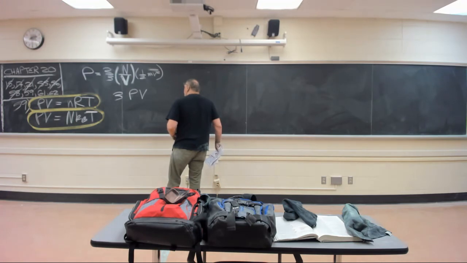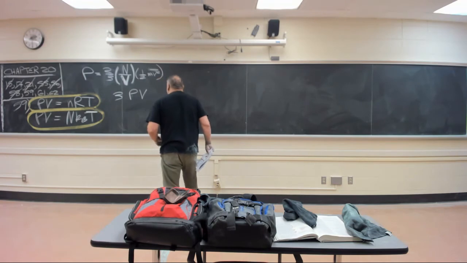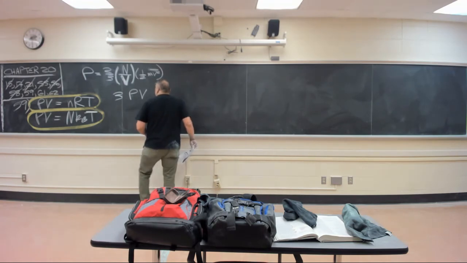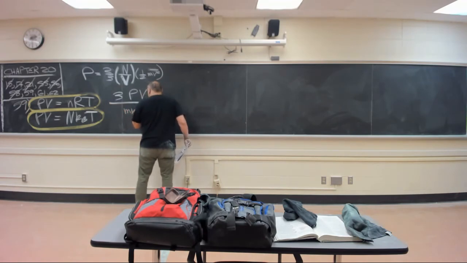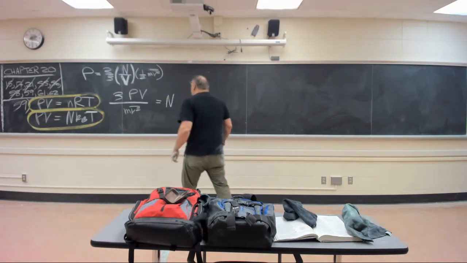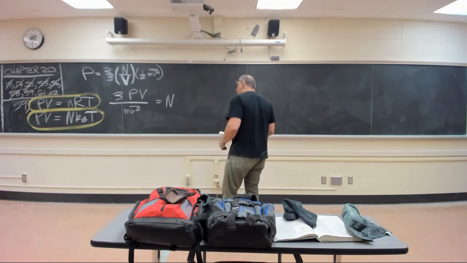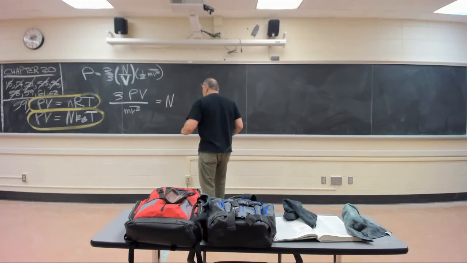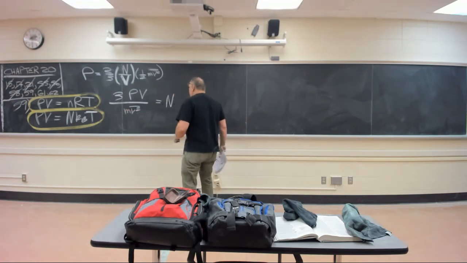Let me write this a little differently than what I had done. 3, there's n. Let me divide by mv squared, and that'll give you n. Now you could have said, hey, look, Jim, I prefer something like this.